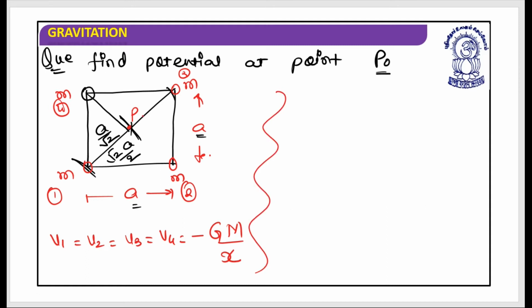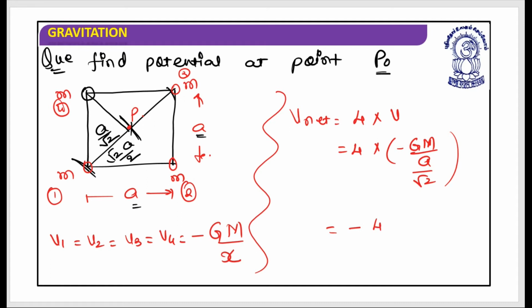So V net, the total potential, is 4 times V. This is equal to 4 multiplied by minus of GM divided by x. X is the separation, A by root 2. This would be equal to minus of 4 root 2 into GM by A, volt or joule per kg. This is the potential at point P.